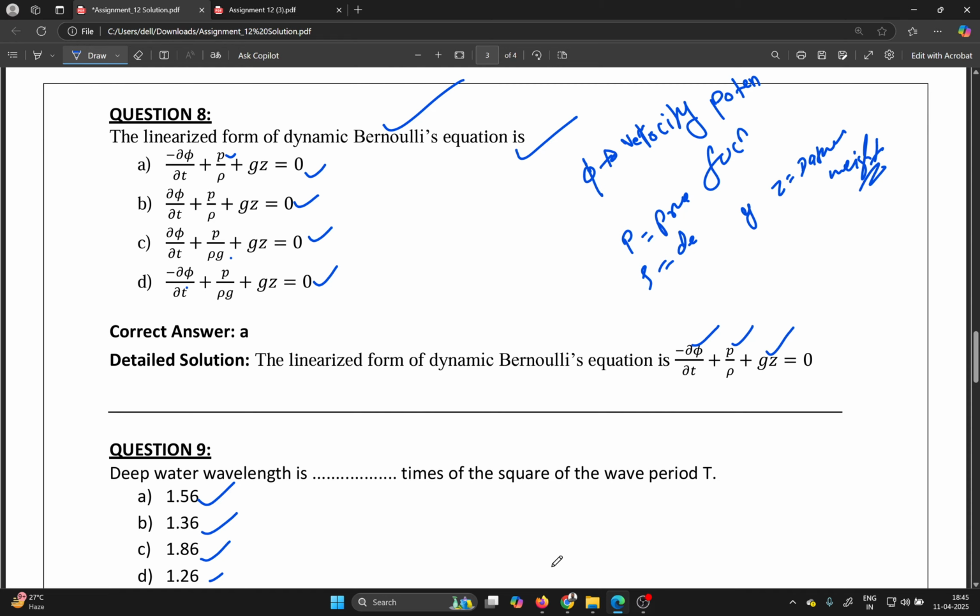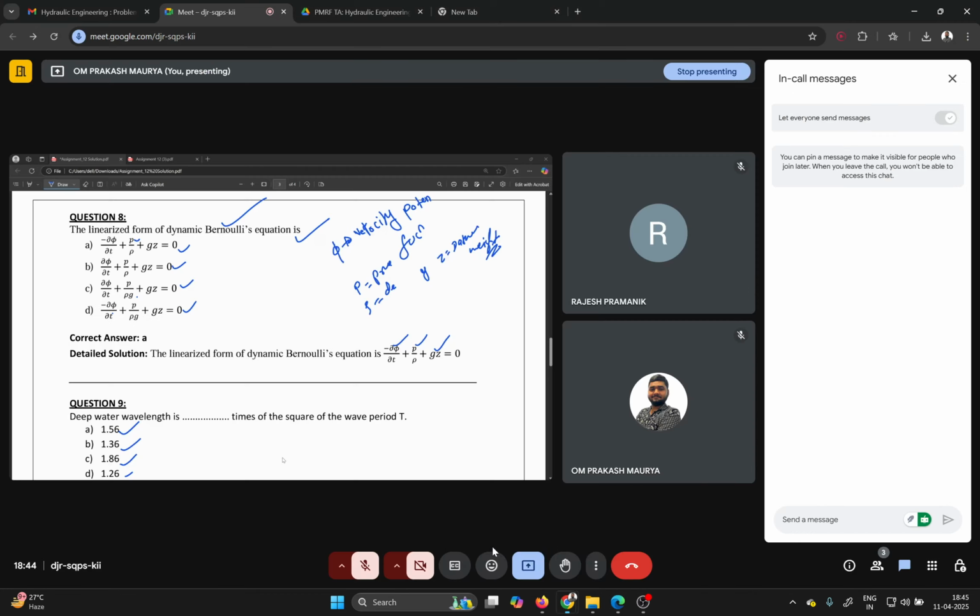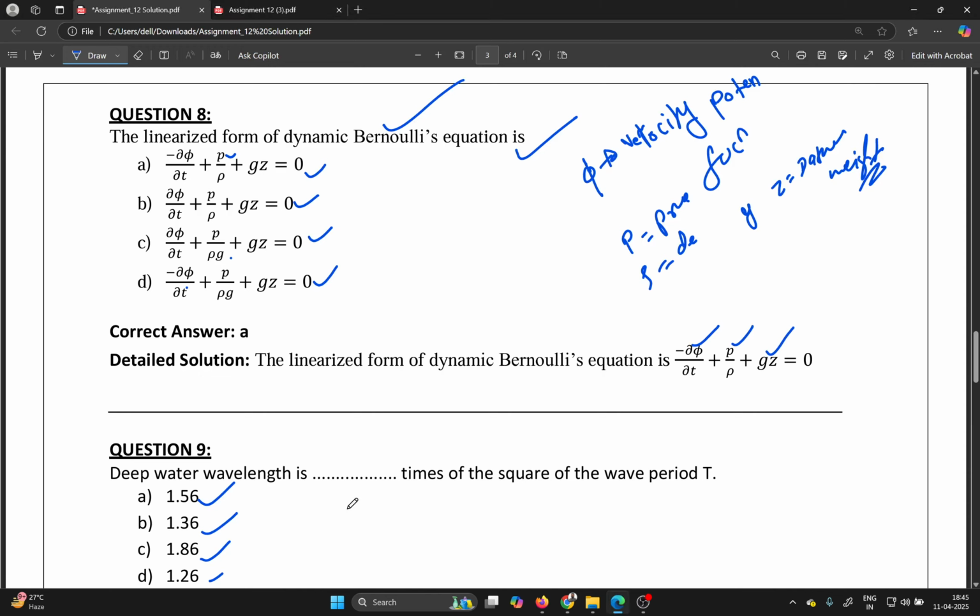So please just try to write your answer in the chat box. I am waiting. Oh, sorry, my mic was off. So question number 9 is: the deep water wavelength is how much times the square of the wave period T. The first option 1.56, B 1.36, C 1.86 and D option 1.26.